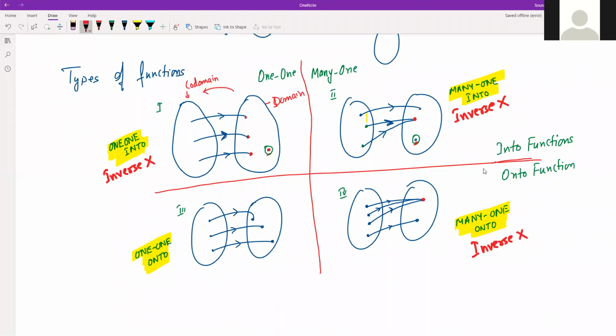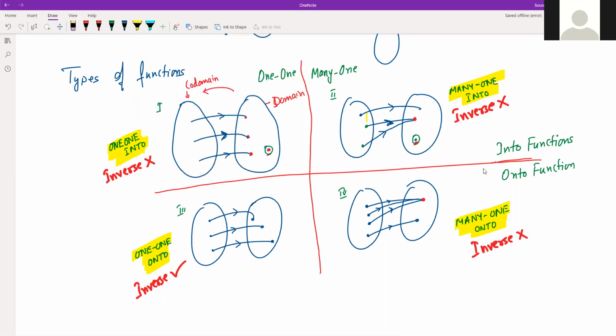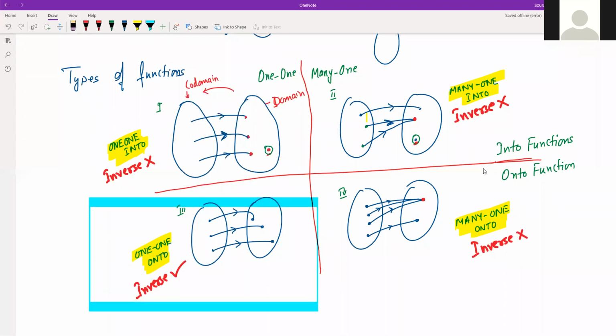But if we see here, inverse is possible. So what we see here is that this is the only case, the last one, the one-one onto. This is the only case when we will have an inverse possible.